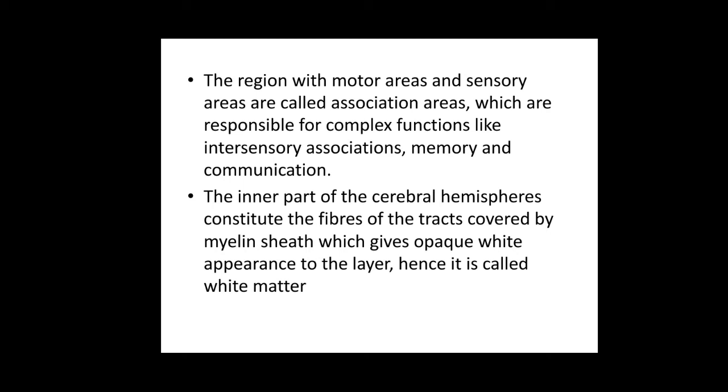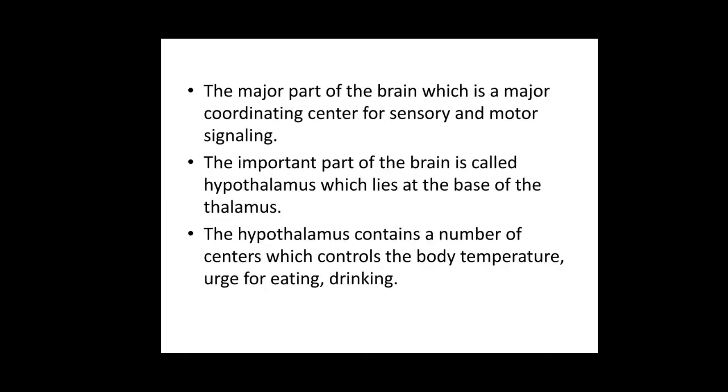White matter is mainly due to neurons whose axons are covered by the myelin sheath, which gives the opaque white appearance. That region is called the white matter.